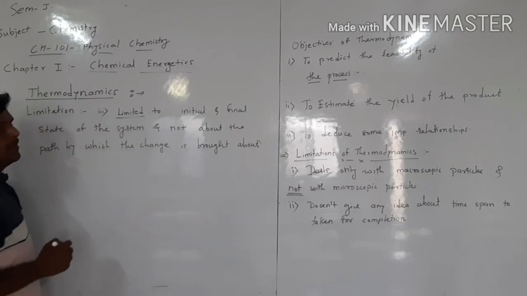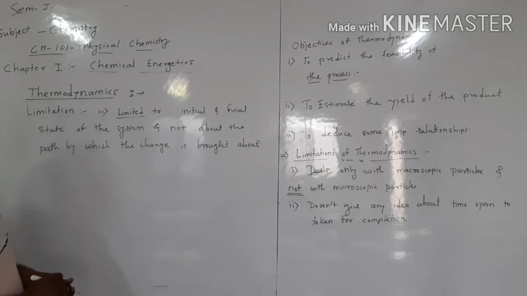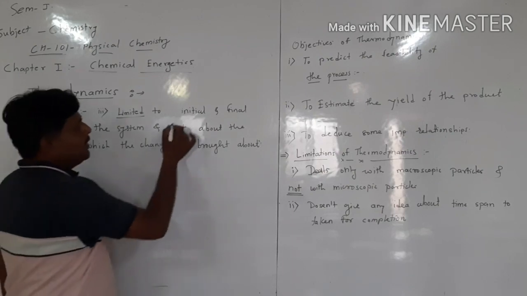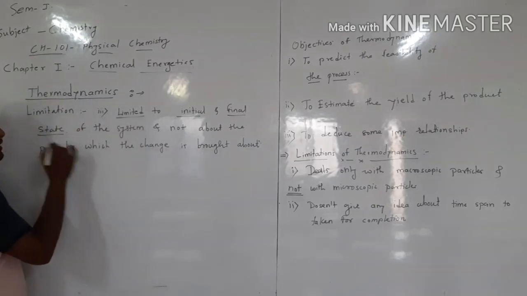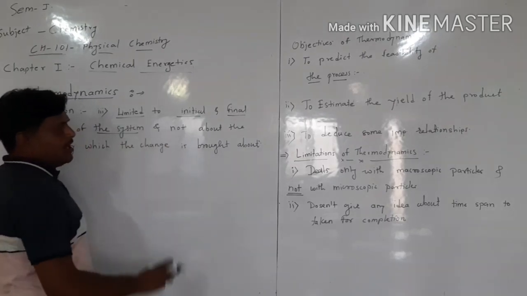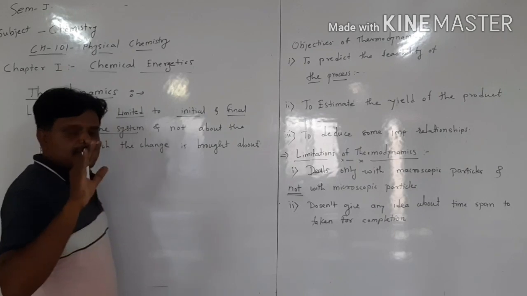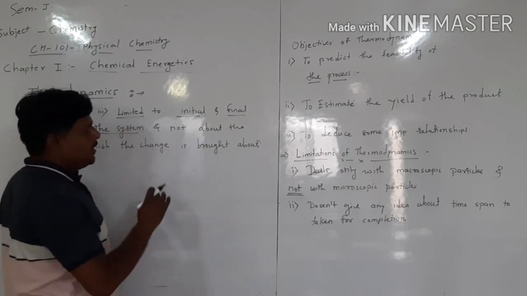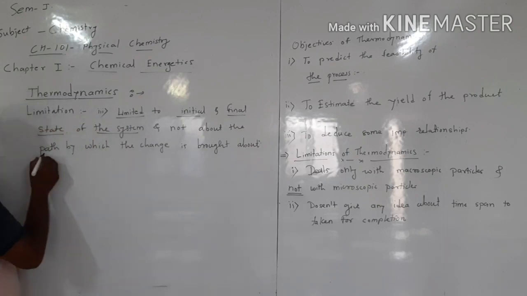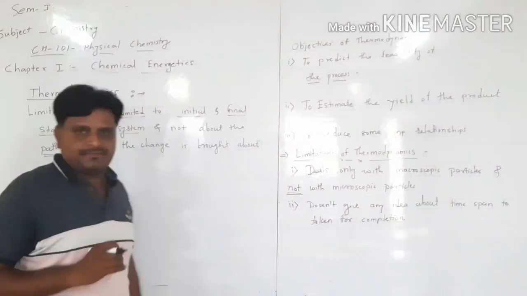The thermodynamic properties are limited to the initial and final state of the system only, and these properties do not give any idea about the path through which that change is carried out.